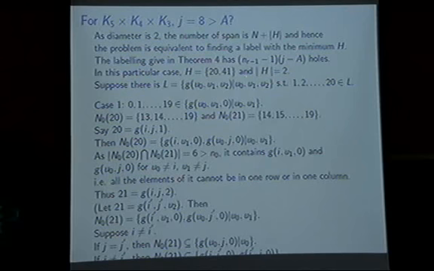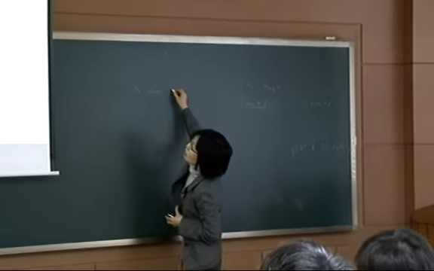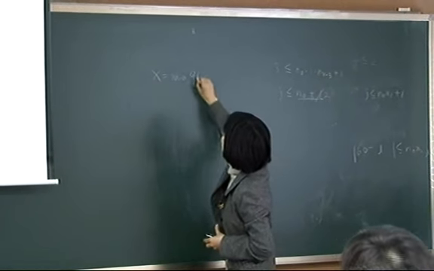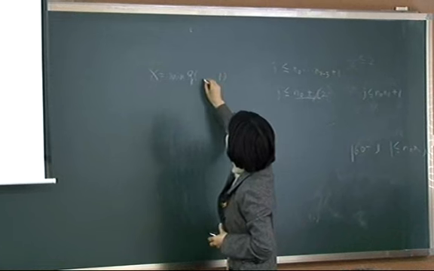So we say X to be the minimum of, okay, I used G instead of F here, U and 1.